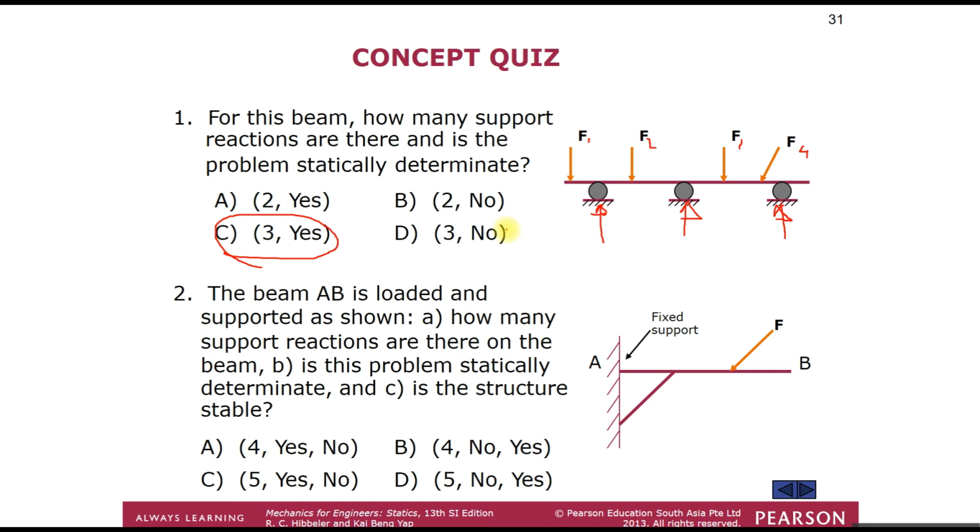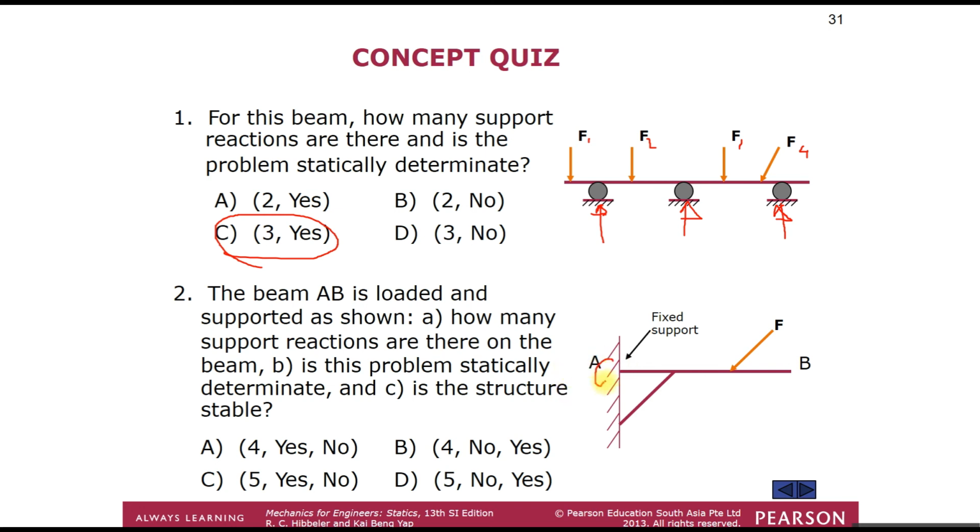If the beam AB is loaded and supported as shown, how many support reactions are there on the beam? And is this problem statically determinate? And C, is the structure stable? So we have a fixed support here, and at the same time we have another fixed support here. How many unknowns will there be?